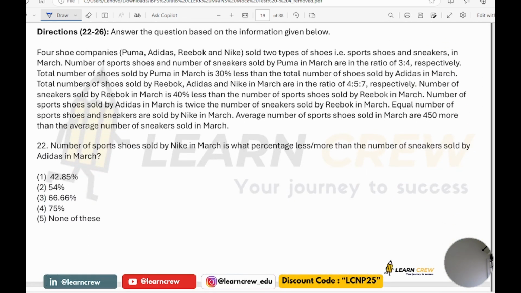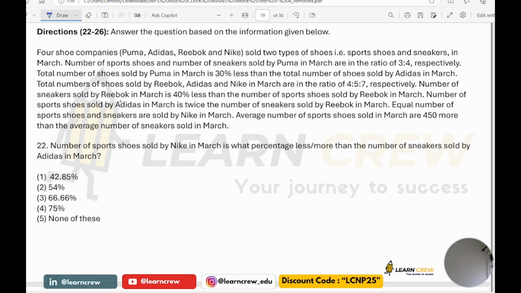Next, four shoe companies, Puma, Adidas, Reebok, Nike, sold two types of shoes, sports shoes and sneakers. In March, the number of sports shoes and sneakers sold by Puma are in the ratio 3 is to 4 respectively. Total number of shoes sold by Puma in March is 30% less than total number of shoes sold by Adidas in March. Total number of shoes sold by Reebok, Adidas, Nike in March are in the ratio 4 is to 5 is to 7.